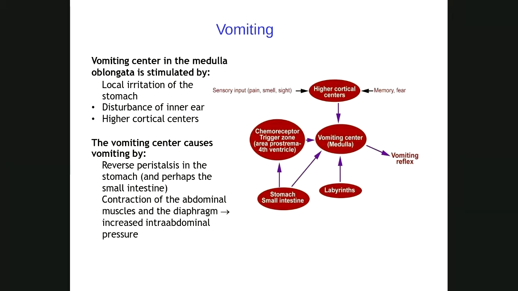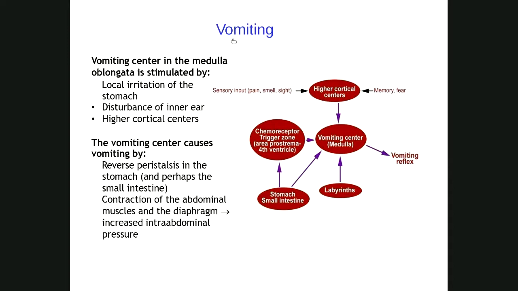So vomiting, which is one of the protective mechanisms. If we try to remember, vomiting is usually preceded by many stimuli. We know about sometimes some people hearing some bad news, feeling very depressed, and then they go and vomit.